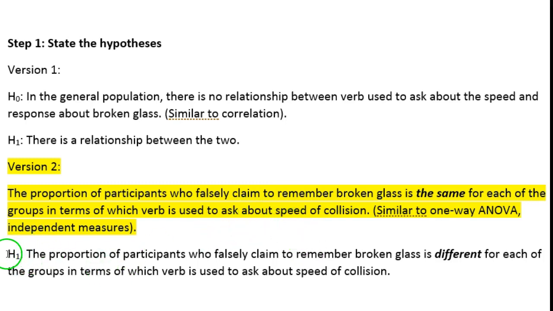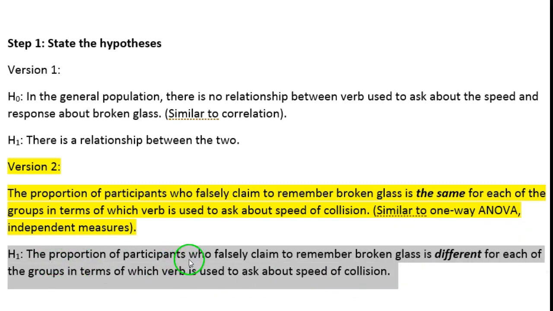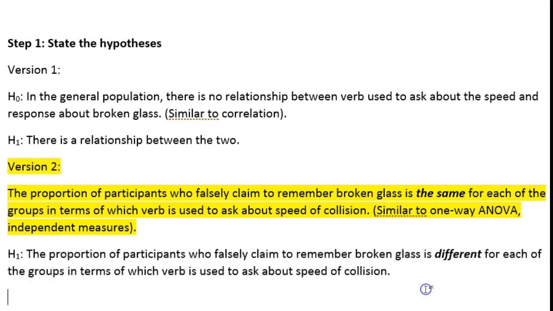Therefore, the alternative hypothesis would be the proportion of participants who falsely claim to remember broken glass is different for each of the groups in terms of which verb is used to ask about speed of collision.